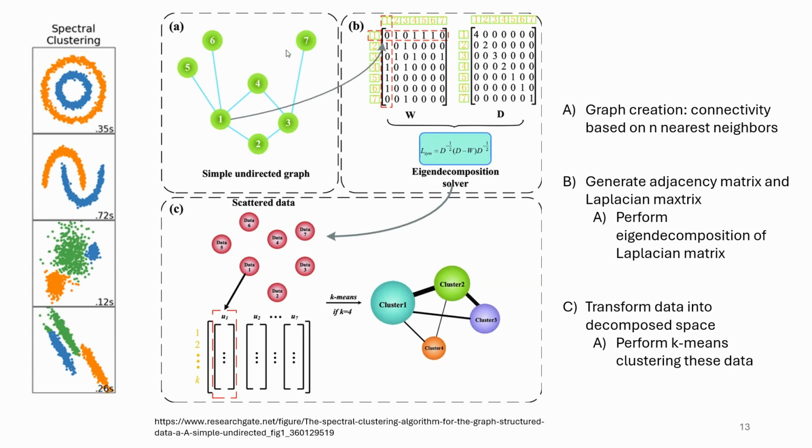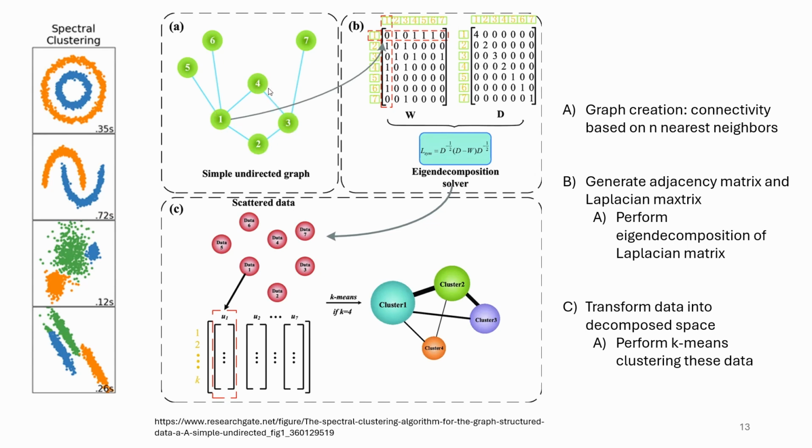The hyperparameter here that's important is n nearest neighbors. If you ask for 2, then these two data points are the closest. So for 3, there are these connecting lines.